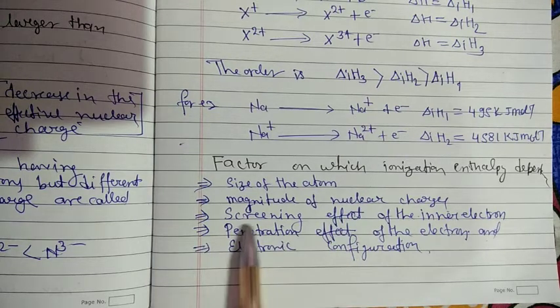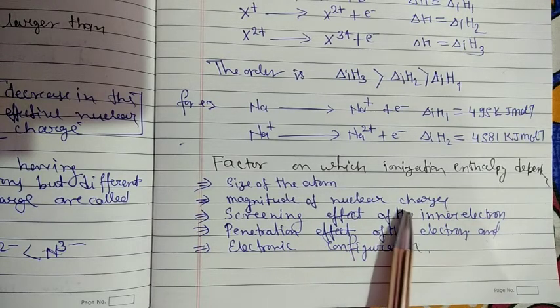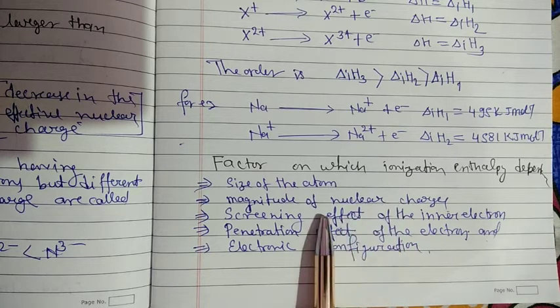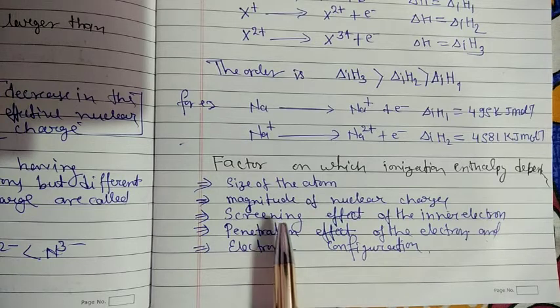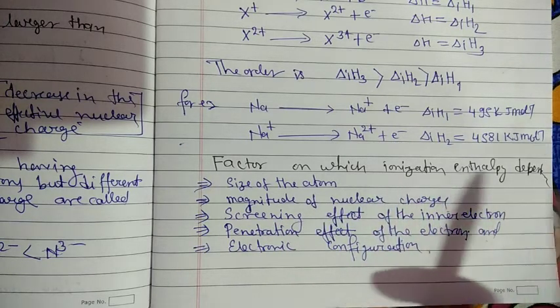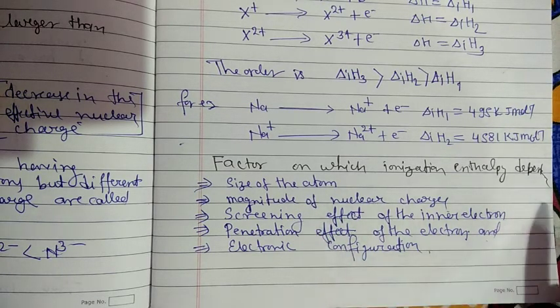And third thing is the screening effect of the inner electrons. If we go down the group, the number of shells increases, and if we go left to right, nuclear charge increases, screening effect increases, so ionization enthalpy increases left to right.